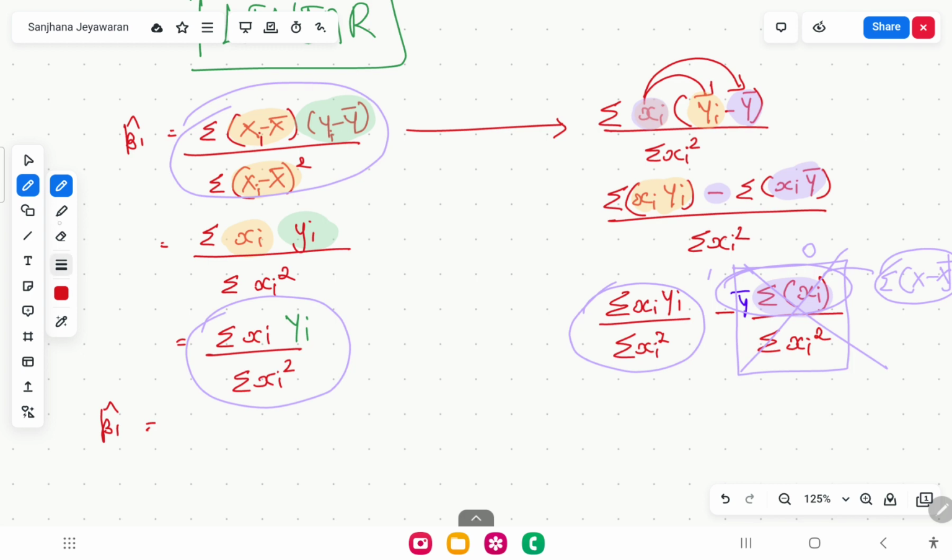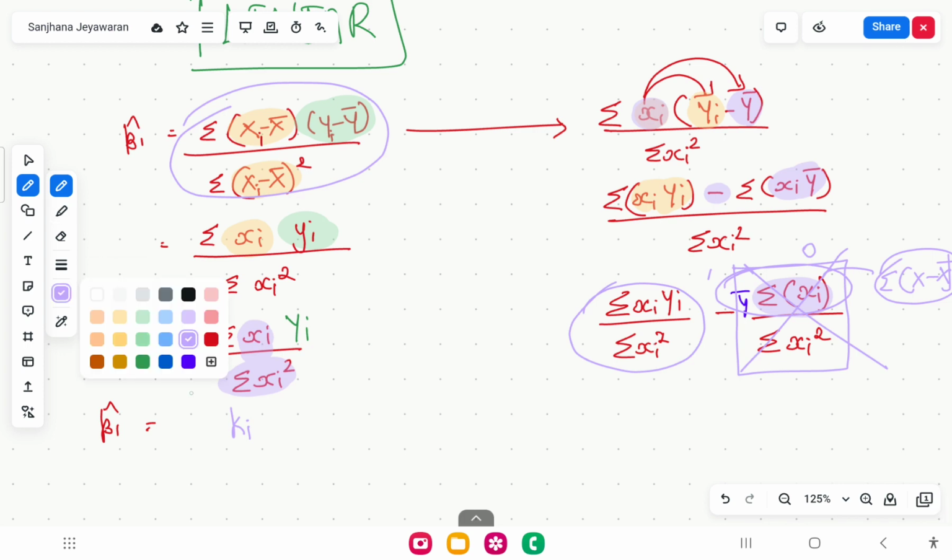And over here what I'm going to do is put this xi over sigma x square, and this one I'm going to give a term. I'm going to say that is equal to k, simple ki. Okay, then we write out the rest of the stuff.